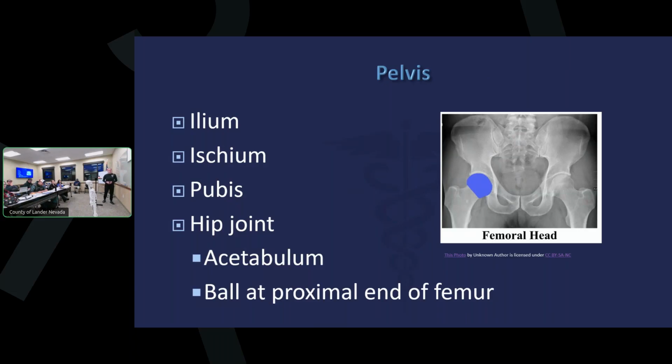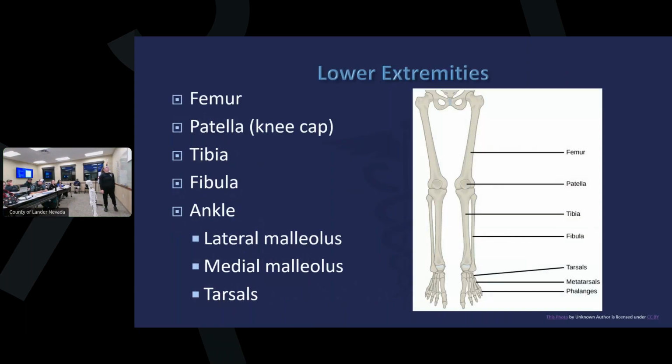So when it says ball at the proximal end of the femur, what's proximal? Closer to the floor, right? Yeah. Good. So then our femur is our big bone here, right? That is hard to break unless you have something like osteoporosis.